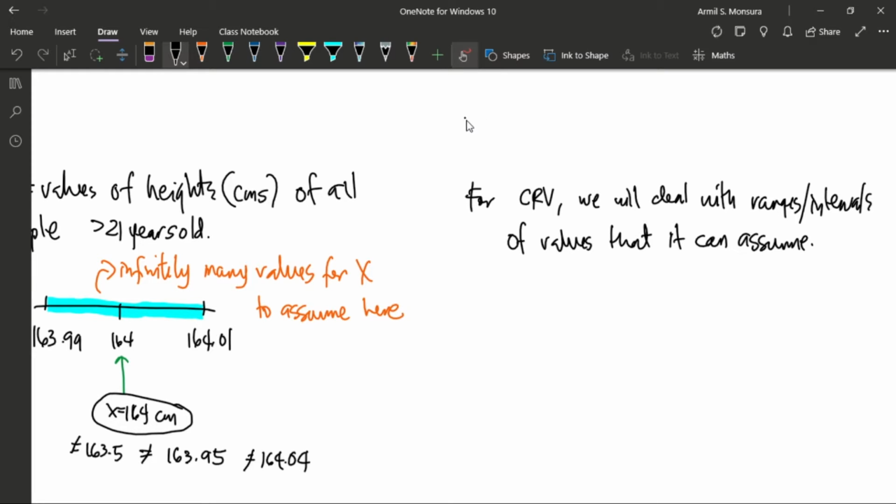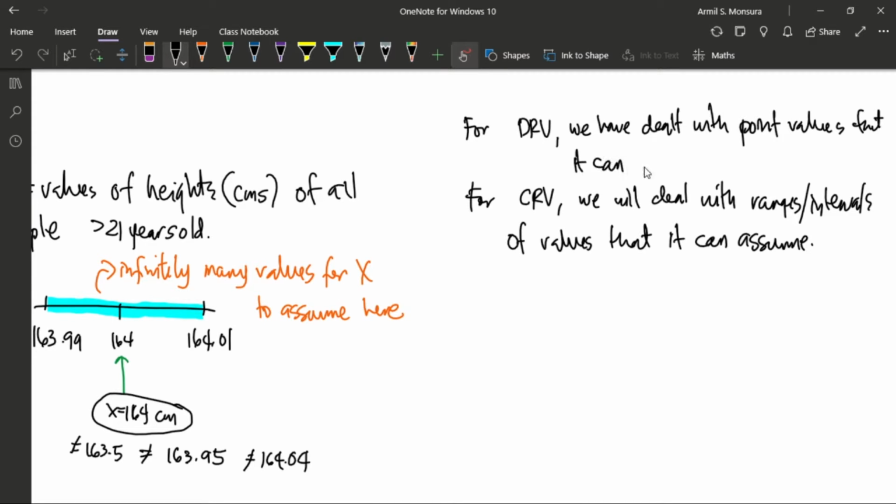That is in contrast with your discrete random variable. Okay? For a discrete random variable, we have dealt with point values that it can assume. So, the probability that your discrete random variable assumes a certain value is what we have presented in the previous lesson.